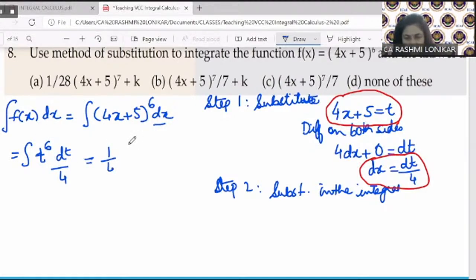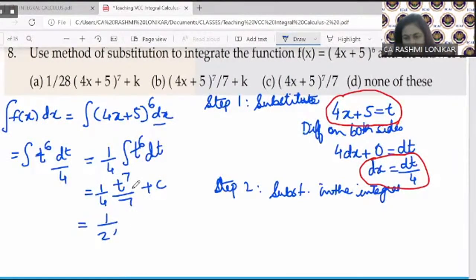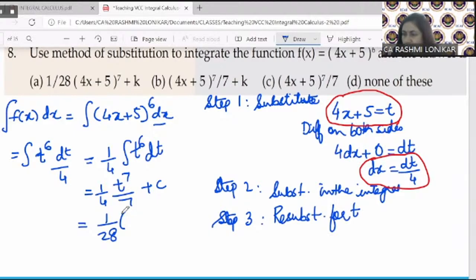So this is equal to 1 by 4 integral t raised to 6 dt. This is using x raised to n is equal to x raised to n plus 1 upon n plus 1. This is equal to 1 by 4 t raised to 7 upon 7 plus c. What is 4 into 7? 28. So this will be 1 upon 28. What is t? I will resubstitute. So step 3 will be resubstitute back. So instead of t, I am writing 4x plus 5 raised to 7 plus c.